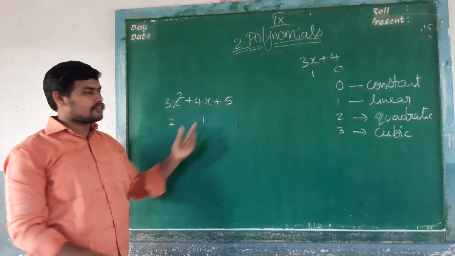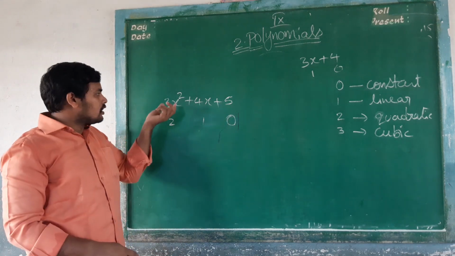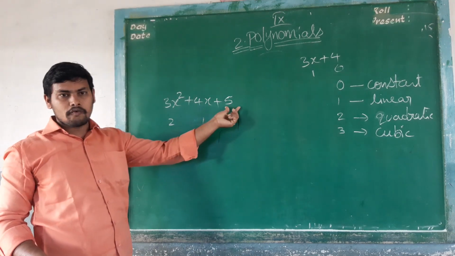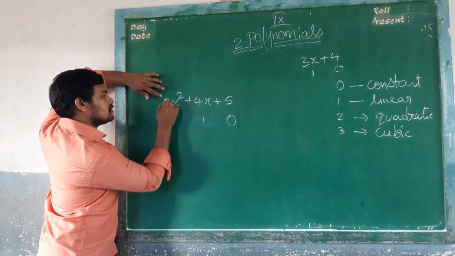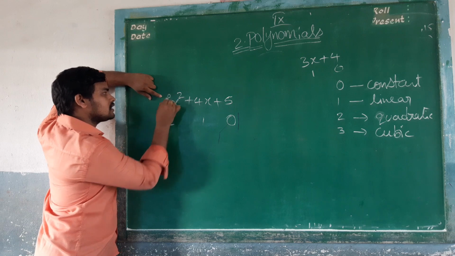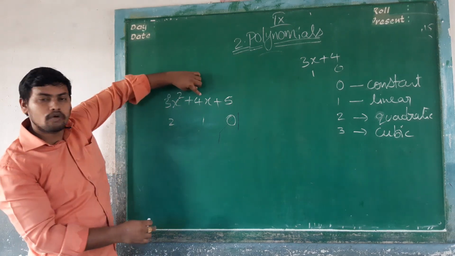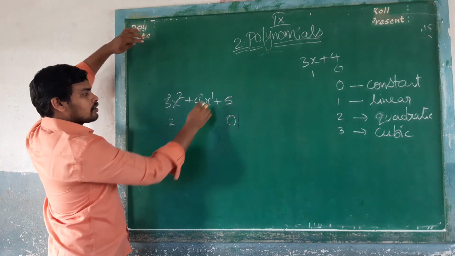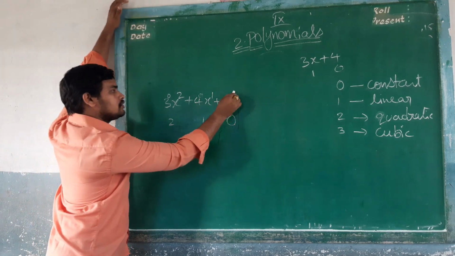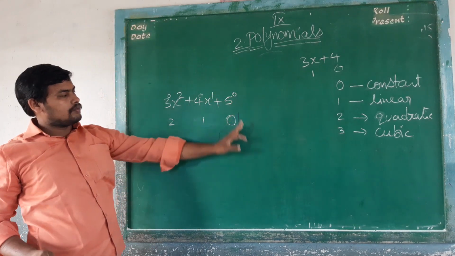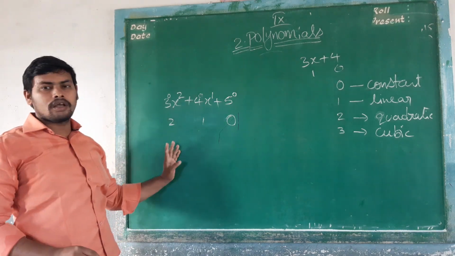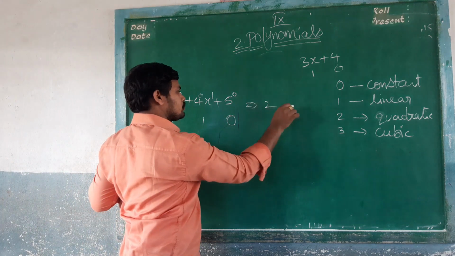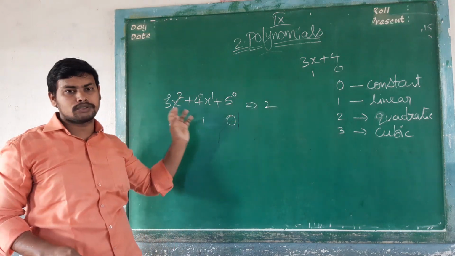The degree of this term is 0. Here x power 2, x power 1, and the degree of constant term is 0. 5 is the constant, so 0. So which is the largest one? 2 is the largest one. So the degree of this particular expression is 2.